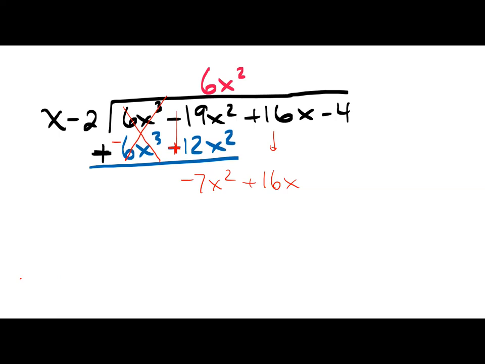What number times x would give you a -7x squared? -7x, perfect. We're going to put it in the column for the x's. -7x times x makes -7x squared. -7x times the -2, 14x. And what do we do again?